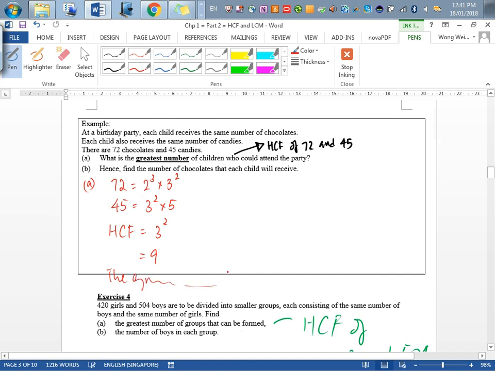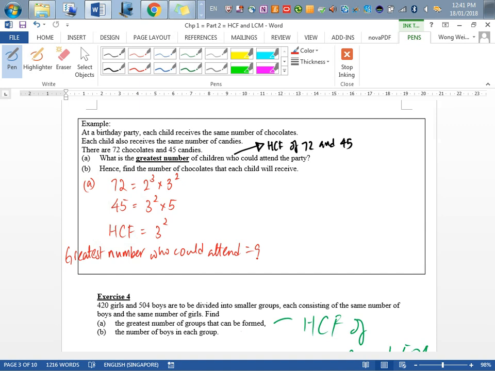All I need you to do is write in shorter form, greatest number who could attend equals 9. This is good enough. Understand? Is this better? Less to write, right? Greatest number of children. Yeah, okay, fine.